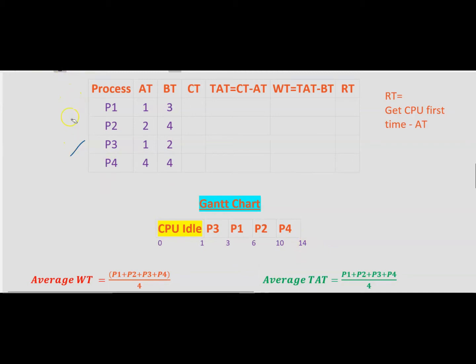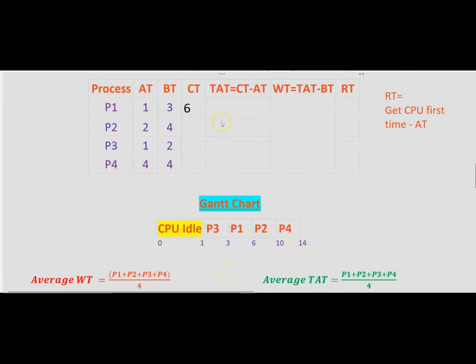Now I'm going to start calculating the completion time, turnaround time and waiting time values. Let's start with the completion time. First, P1 is releasing the CPU, and as we can see through the Gantt chart, P1 is releasing the CPU at 6 time interval. So I'm writing 6 over here.